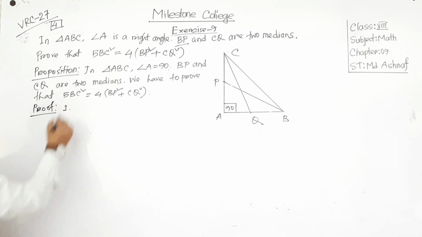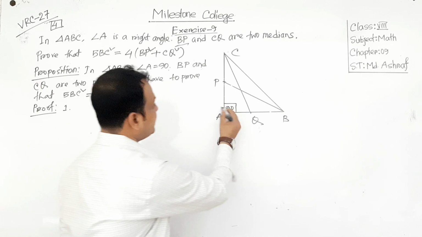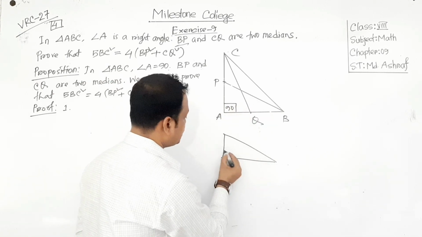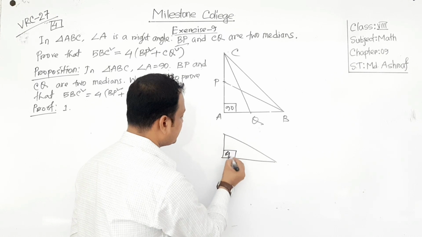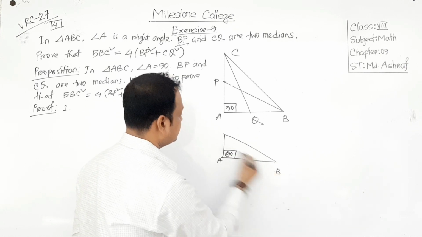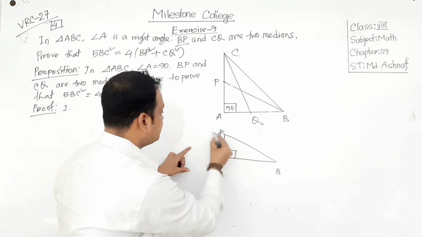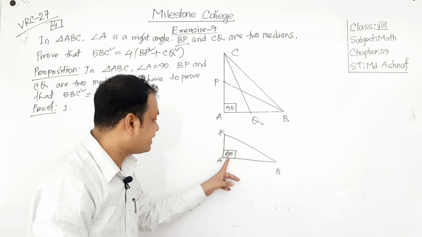First point. Consider this triangle ABP. This is A, this is the 90 degree angle, this is B, this is P. So in this figure we will get this triangle ABP. It's a right angle triangle because the angle is 90 degrees.